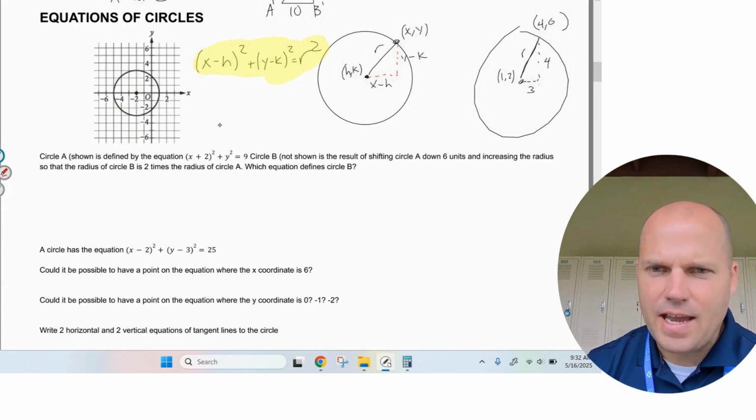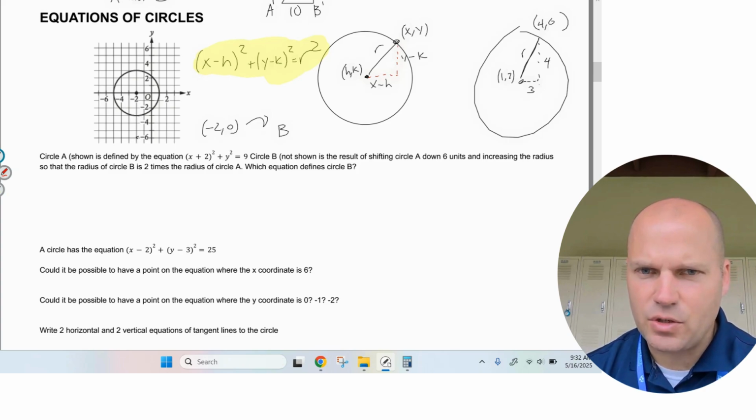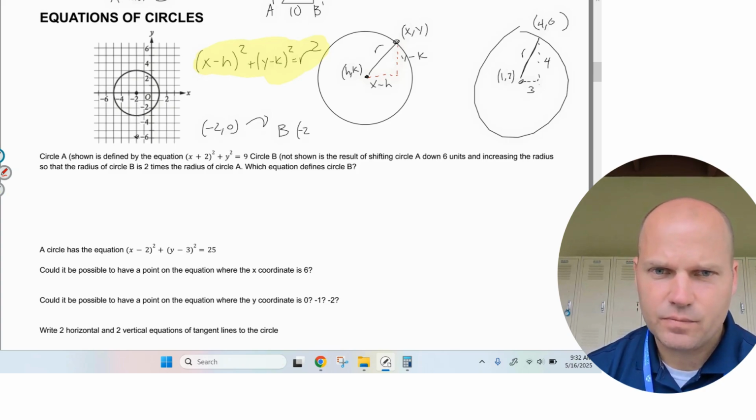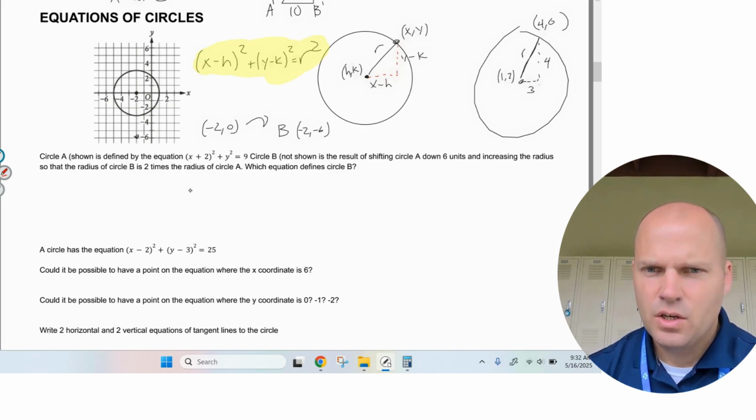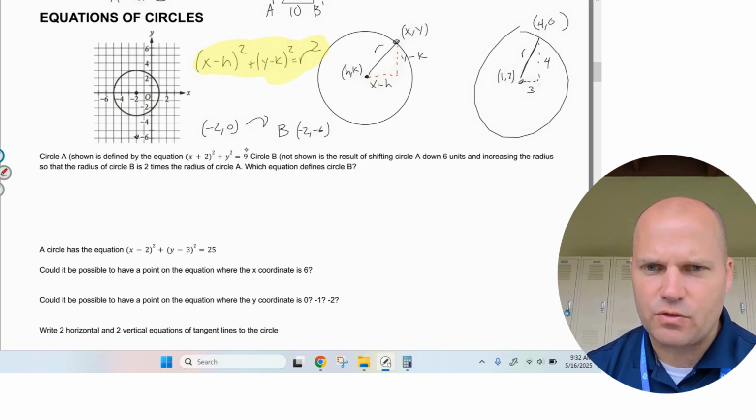Right, so I have a center at -2, 0. If I shift it down 6, my new center is going to be at -2, -6. The radius is twice that of radius 1. Well, if this r squared is 9, then r is 3.